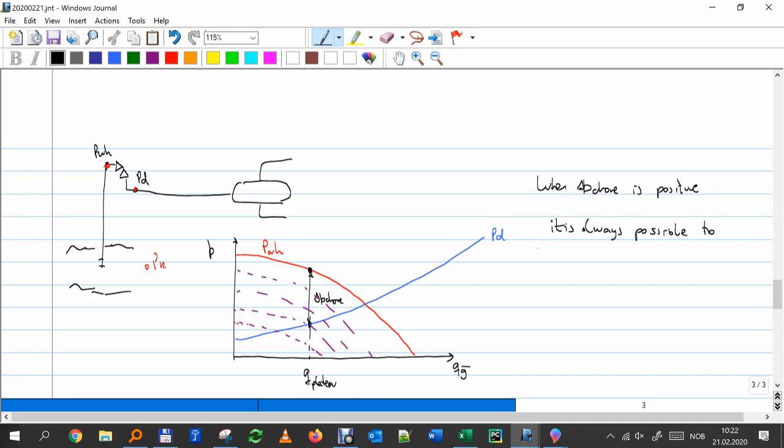To get, or to achieve a delta P for a given rate. The main constraint there, there are a few things that we have to be careful about. If the delta P is too big, what might happen?